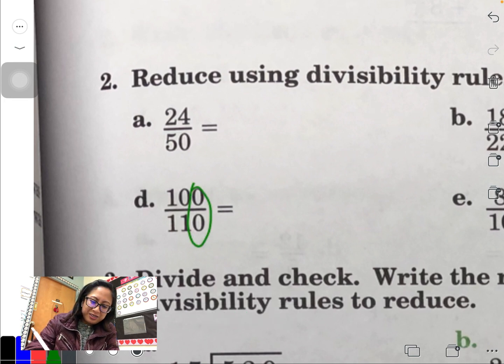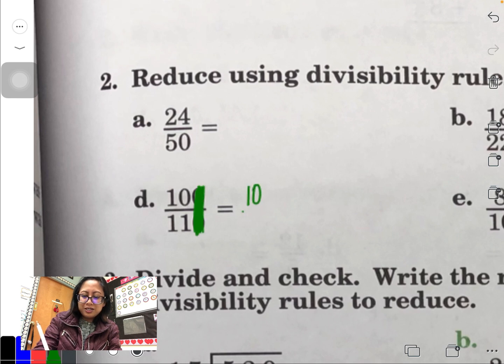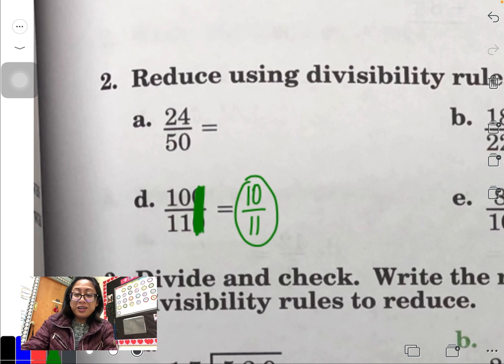And look, both numbers end in 0. So I just have to divide by 10. In fact, there's a shortcut. If they both end in 0, just cross out the zeros at the very end, and your reduced fraction is 10/11. Boom. You're like, Miss Severa, that was super easy. I know. See, that's a shortcut.